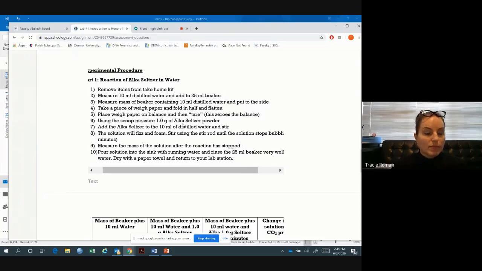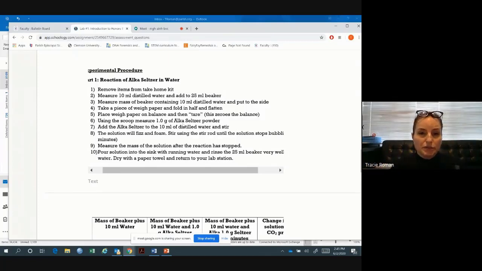So what you will do before we weigh out the Alka-Seltzer is, the instructions tell you to take your 25 ml beaker and your 10 milliliter graduated cylinder, and measure 10 mL of distilled water.